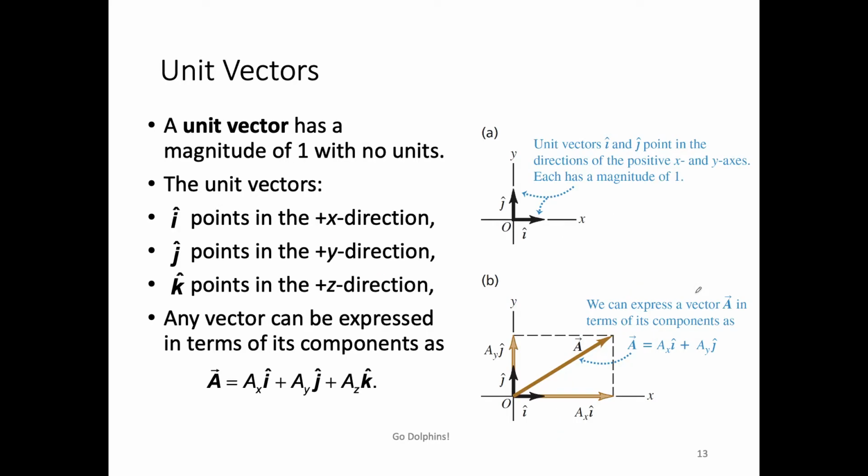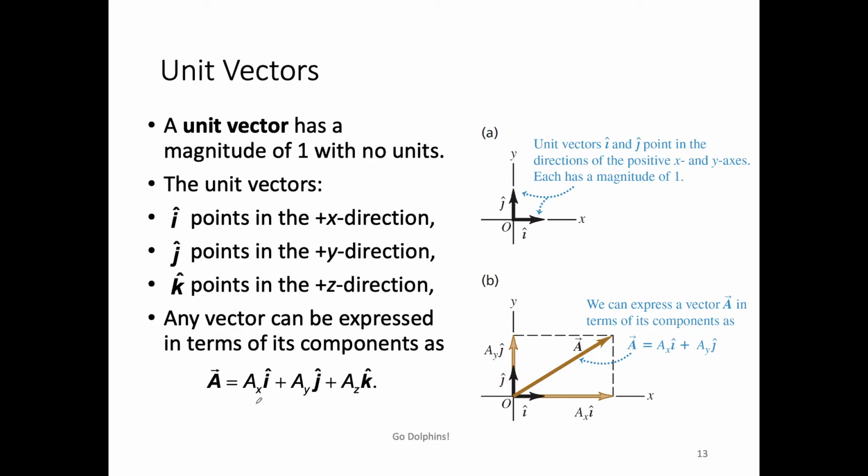And sometimes we can also use unit vectors to represent a vector. So i is a unit vector in the x direction. It has magnitude 1, pointing in the positive x direction, j is in the positive y direction with magnitude 1, and k is magnitude 1 in the positive z direction.